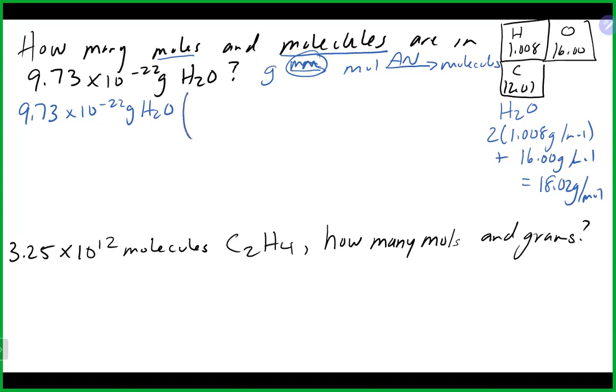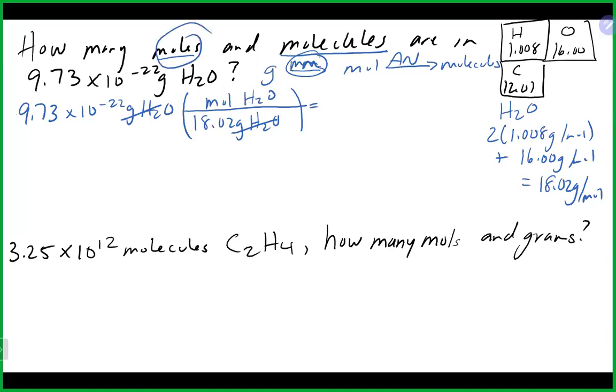And we got grams up on top, so we do want grams on the bottom. So we're going to put our 18.02 grams on the bottom that we got from the periodic table. And that's going to be our moles of water. The grams here will cancel. I am going to get an answer here since that is one of the questions that was asked, which is how many moles.